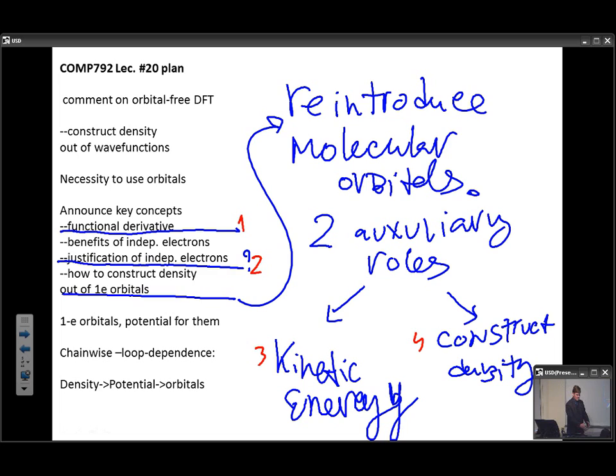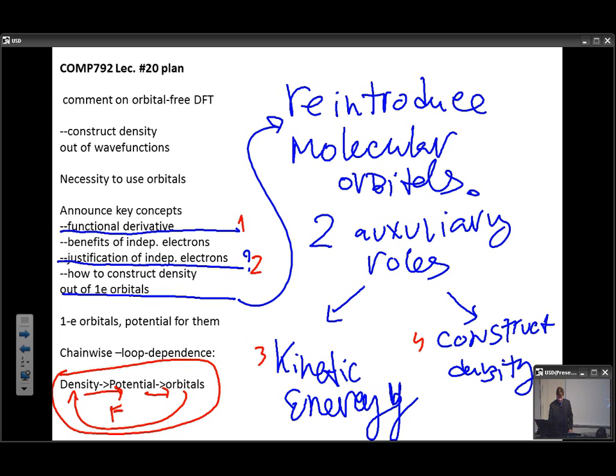They are practical little steps to be able to build the algorithm. If you're impatient and curious, the algorithm in simplified form is here. One gets a self-consistent loop of going from density to potential to orbitals and then back to density, computing the total energy in between. But we will get to it later.